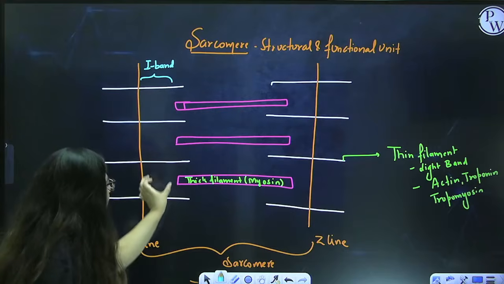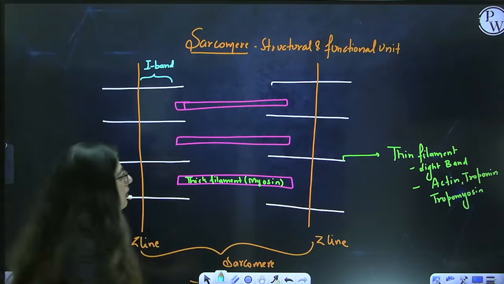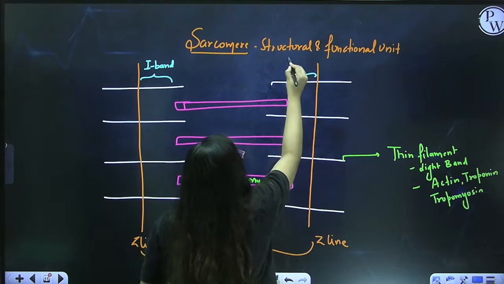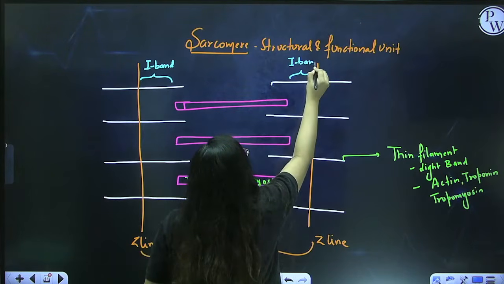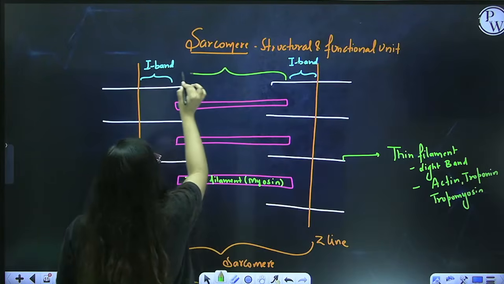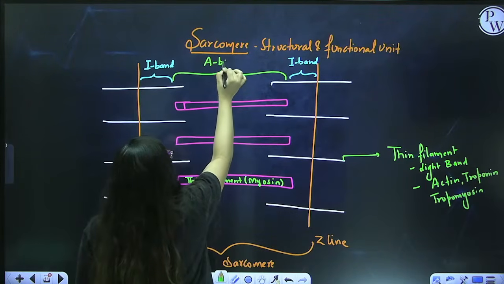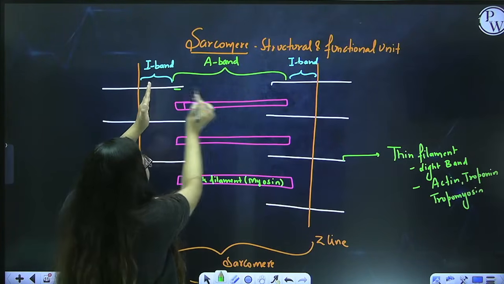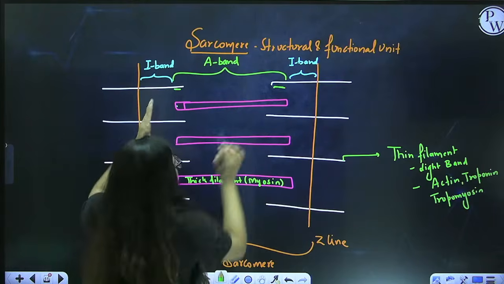This portion has only white color filaments. Now there is a portion, guys, which has both thin and thick filament. You call it A band. You can see here, there is also some portion of white here, and there is also a portion of thick filament.